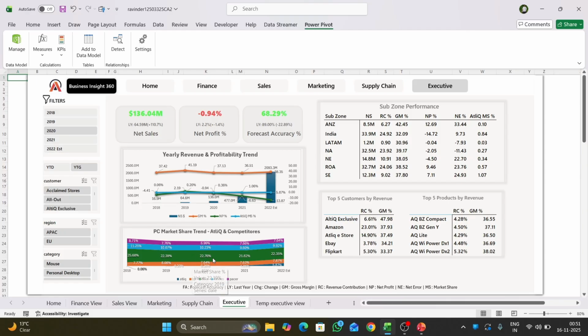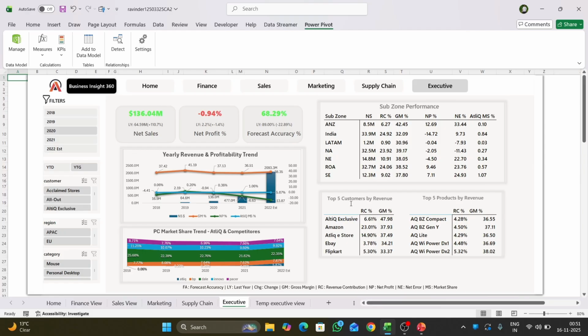This visual compares AtliQ with competitors over the years. Here we can see in 2022, AtliQ has only 5.87% share. Then we have subzone performance. In this section, we show the net sales, revenue contribution, gross margin percentage, net profit percentage, net error, and AtliQ market share by subzone.